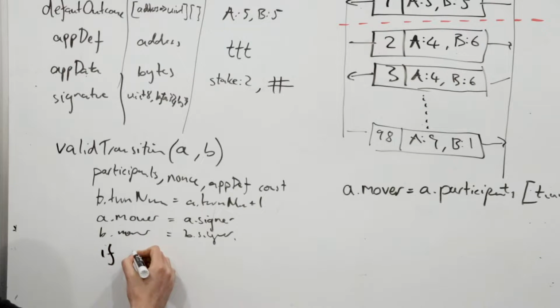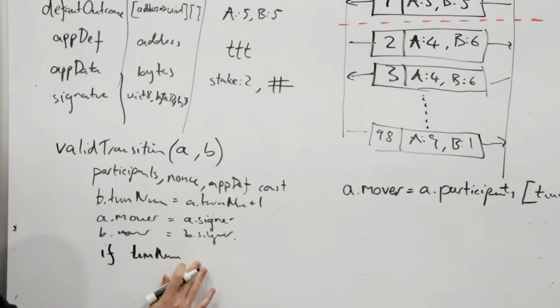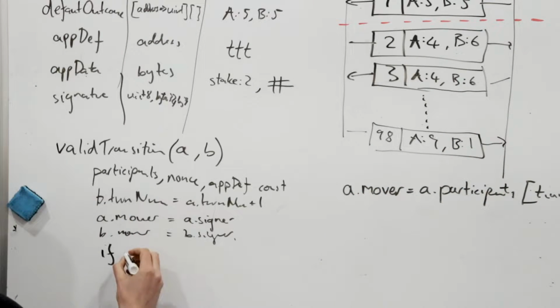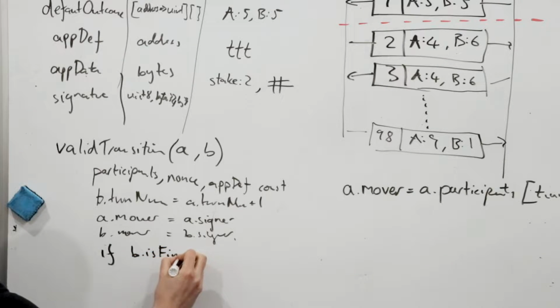If B is final, then transitions into its final states can't change the default outcome.